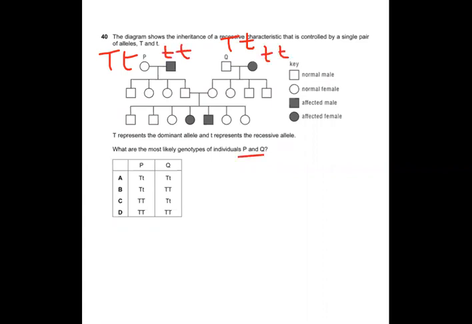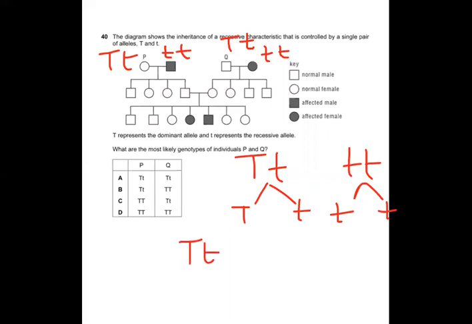So the offspring that were produced, for them we'll make this cross again. Now over here, we'll get offspring as TT, capital T small t, capital T small t, small t small t.